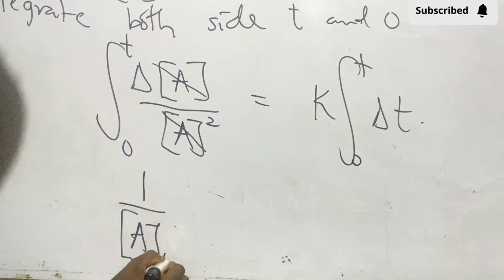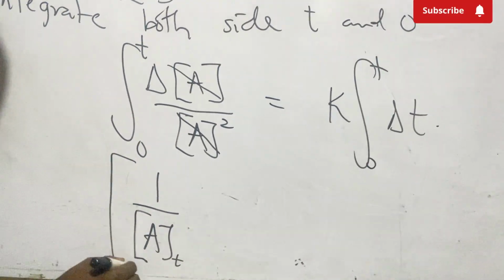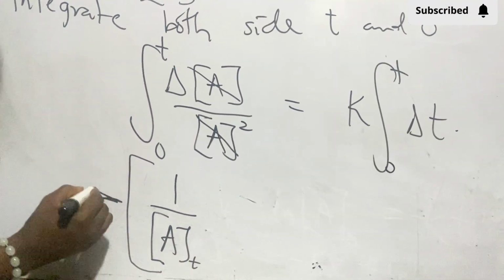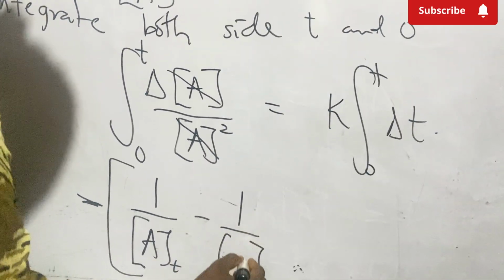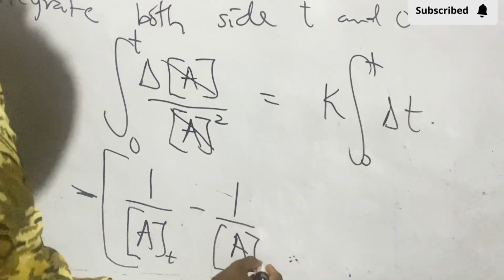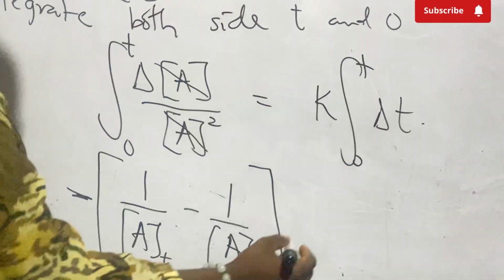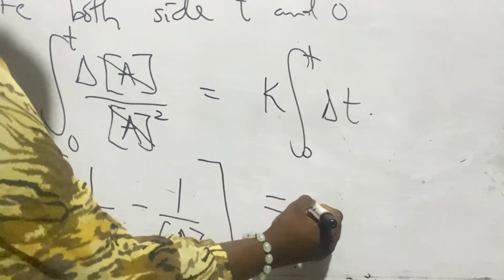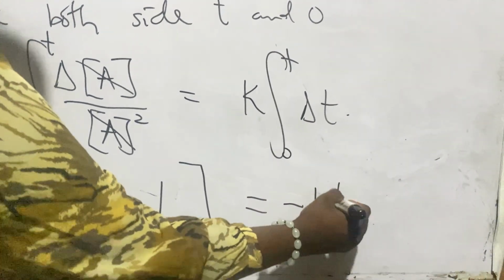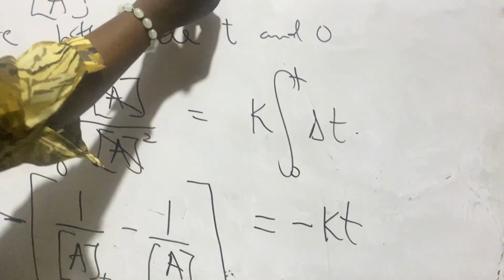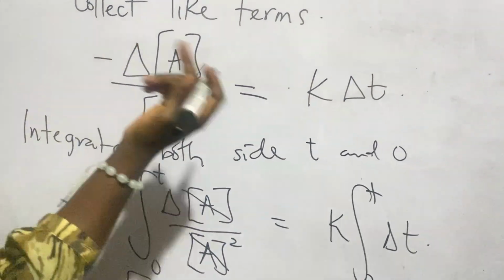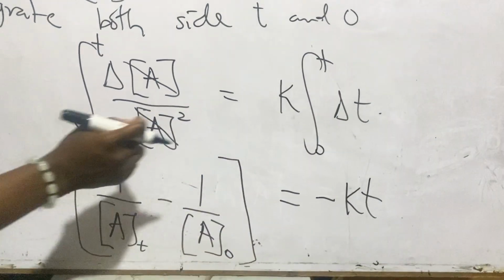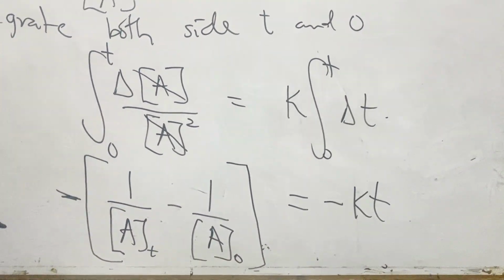Thereafter, you apply that wisdom to this, and it becomes 1 over the concentration of A at time t. Remember that is integration, so here is minus 1 over the concentration of A at time 0. You close the bracket, which is equal to what? Minus Kt. Where is this minus coming from? Remember that the minus is here, disappearance of the reactant. You don't throw it away, you add it to the other side of the reaction.